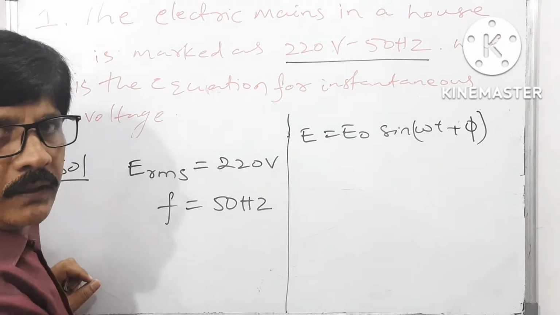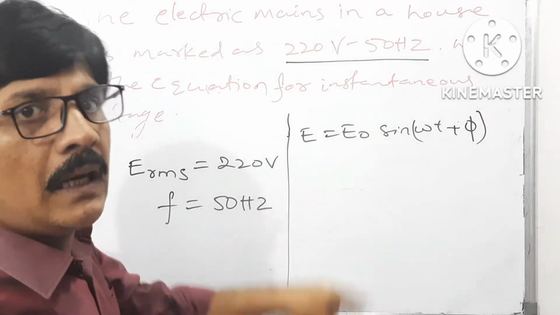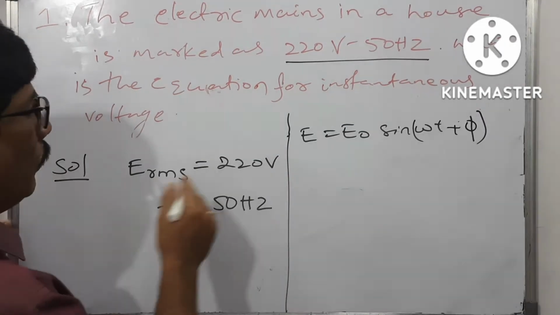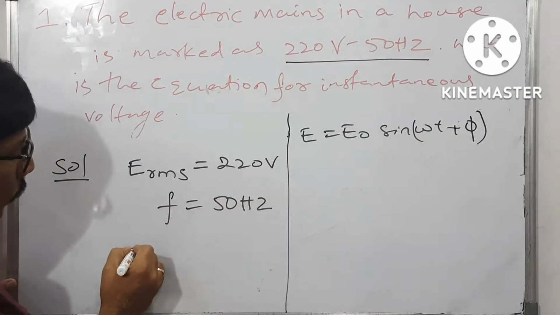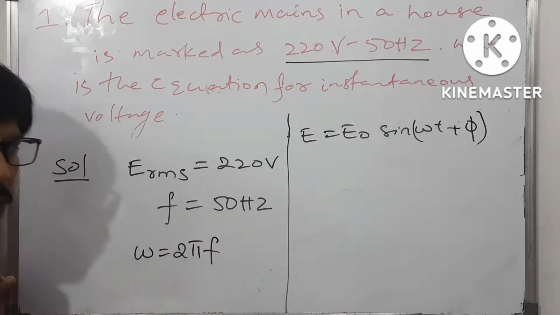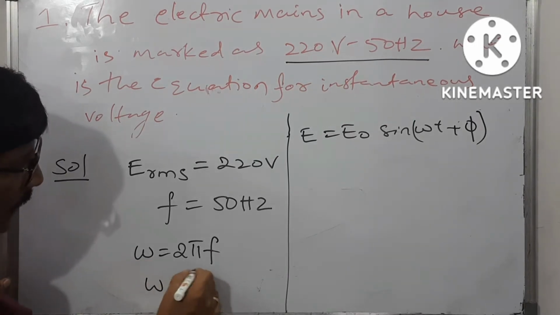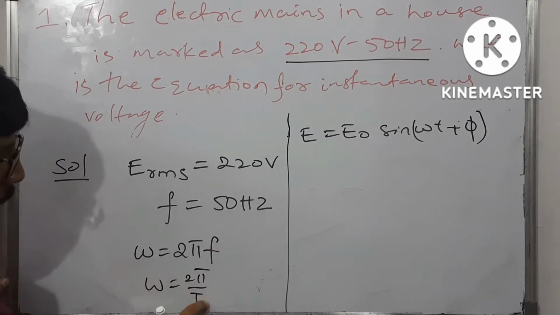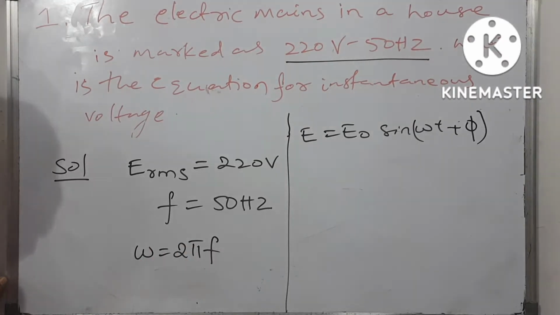Now he is asking for the equation, so I am taking the complete equation. You need to rewrite the equation. But how can you write this? Here frequency is given, but in the place of omega, indirectly omega is nothing but 2 pi f. Omega is nothing but 2 pi by time period, and 1 by time period can be written as frequency. So that's why this is 2 pi f.